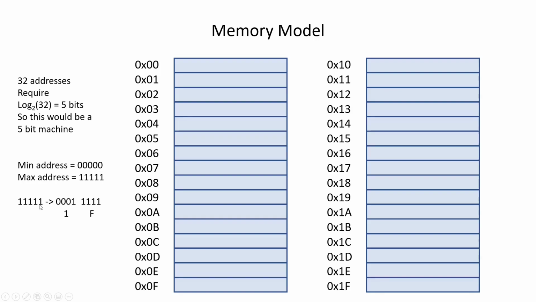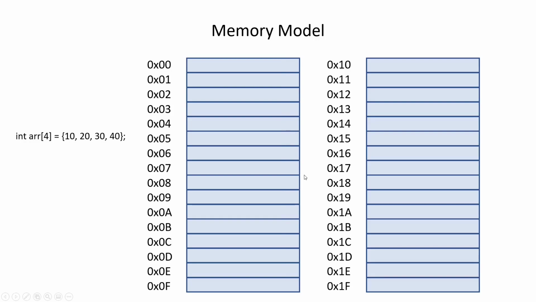Start on the rightmost side, those 4 rightmost ones, 1, 1, 1, 1. That's going to give us the rightmost hexadecimal character. And then we'll take the next chunk of 4. This only happens to have one digit, so we're going to stick 3 zeros in there to get 4 bits that we can turn into another hexadecimal digit. In this case, this translates to 1. So that maximum address there is 1F.